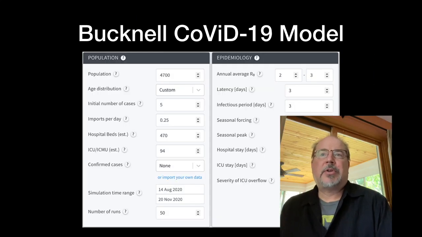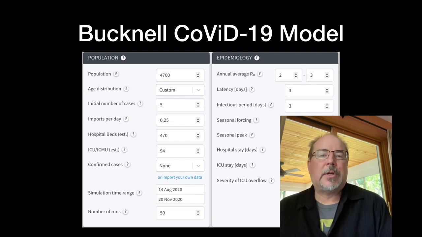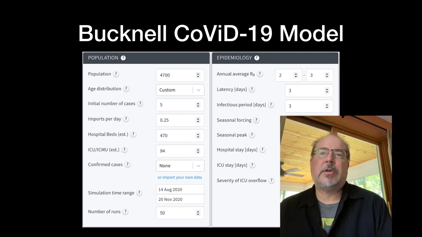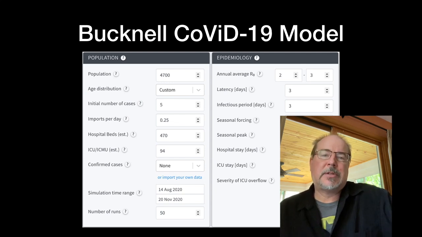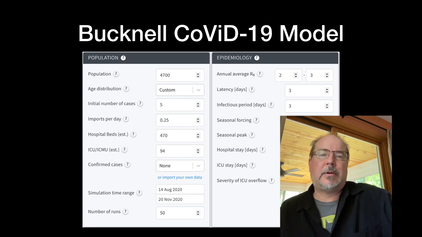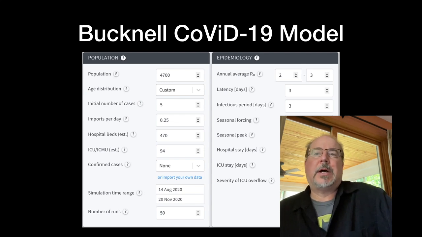I'm going to now talk a little bit about the parameters that we're using to model these here at Bucknell. This is using what I've done to adapt this model from a countrywide SEIR model to a local model. I've modeled a population of 4,700.